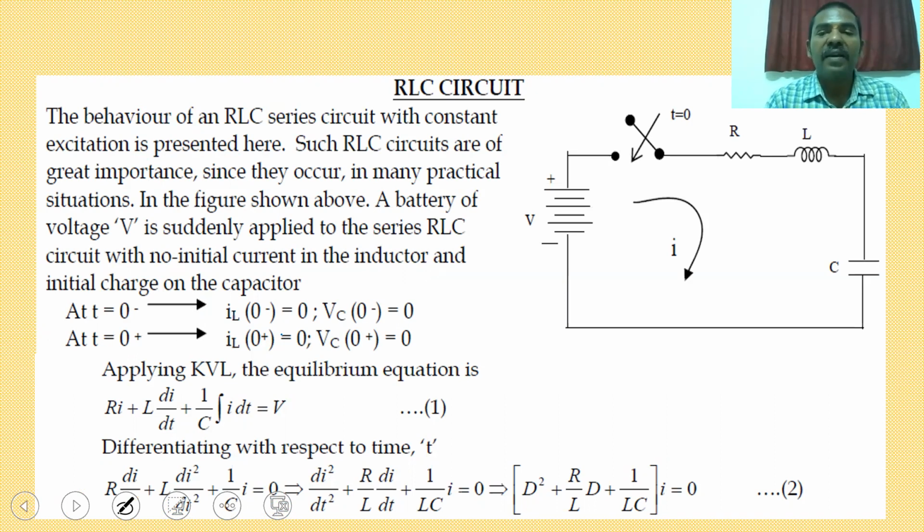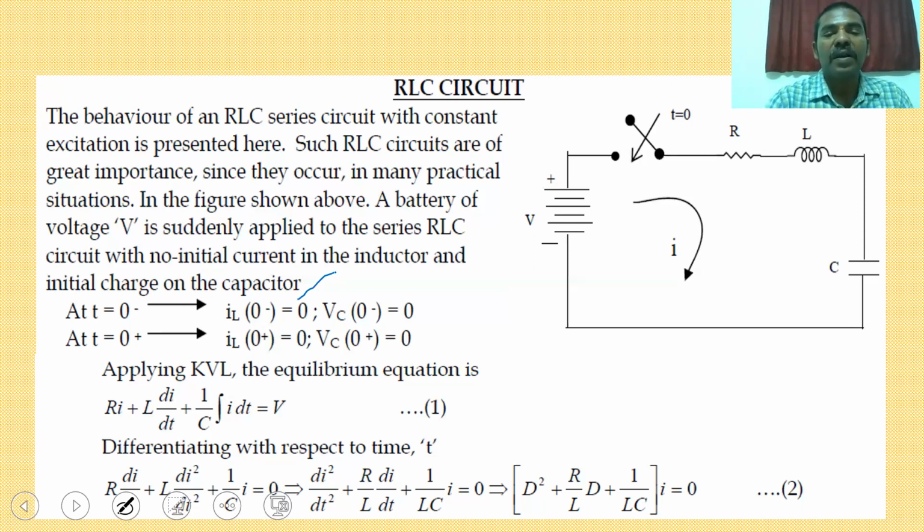Here, at t is equal to 0, you can get two conditions. One is the t is equal to 0 minus condition, another is the t is equal to 0 plus condition. Just before the switch is closed is t is equal to 0 minus. Under that, I of 0 minus is 0 only, because the circuit is still open, no current will flow.